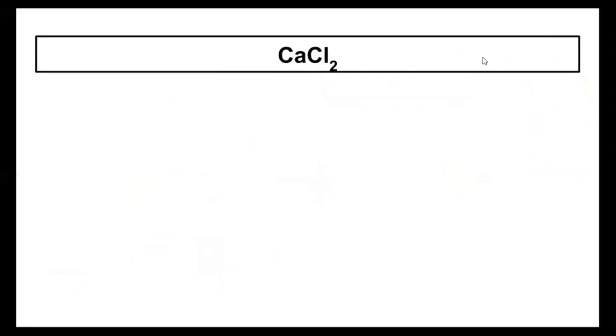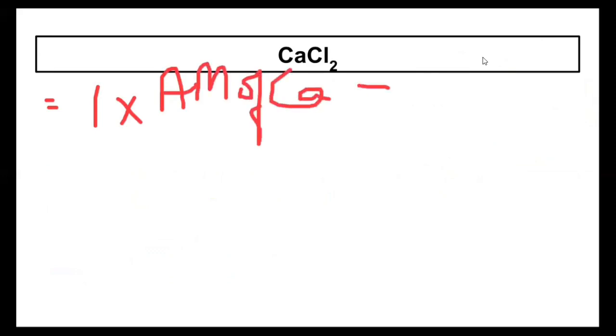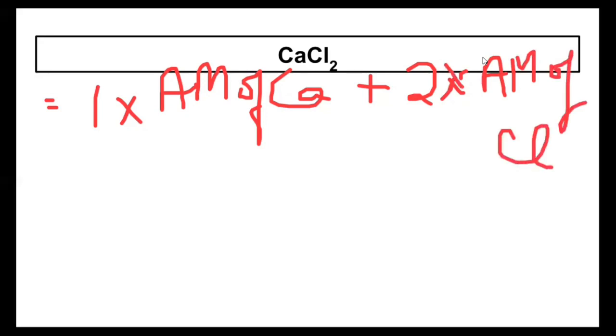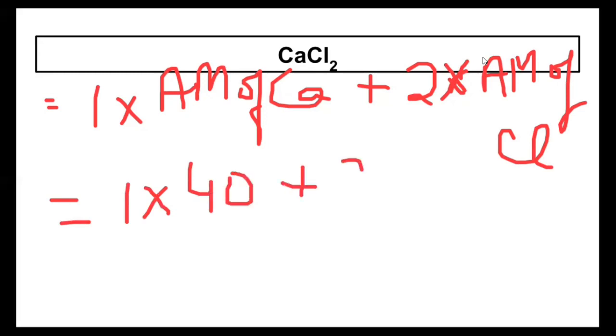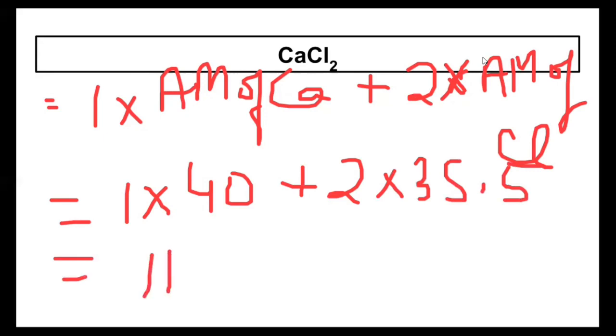Now let's come to the next one, CaCl2. The steps are as follows: 1 multiplied by atomic mass of calcium plus 2 multiplied by atomic mass of Cl, which is 1 multiplied by 40 plus 2 multiplied by 35.5, and it comes to 111 u, unified mass.